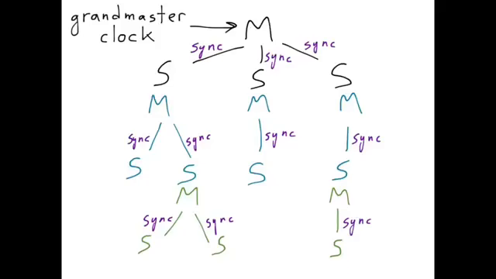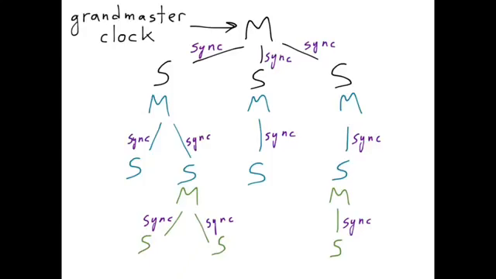At this point, all clocks are synchronized with the Grandmaster clock, either directly, if they are in the second level, or indirectly if they are somewhere lower in the hierarchy. It's a bit as if, starting from the Grandmaster clock, the proper time percolates down the hierarchy.